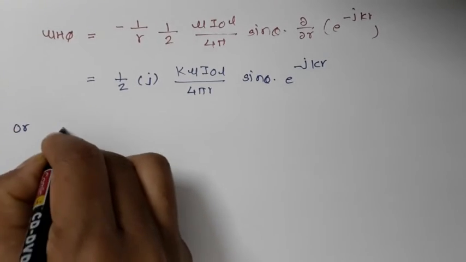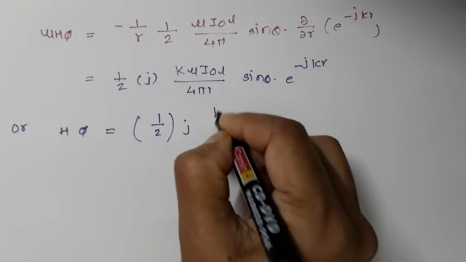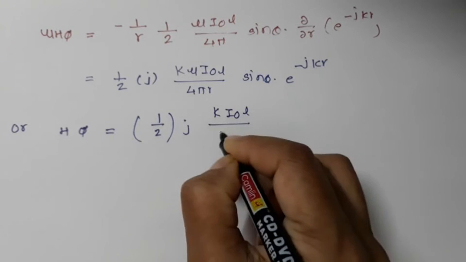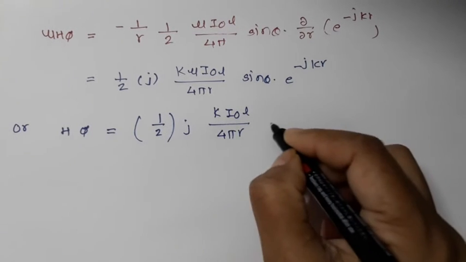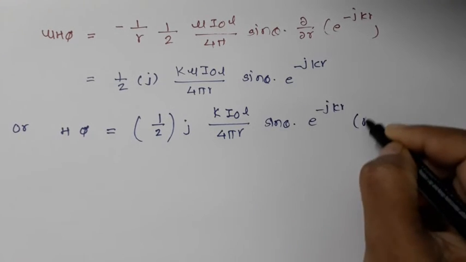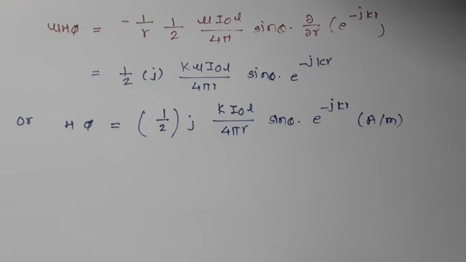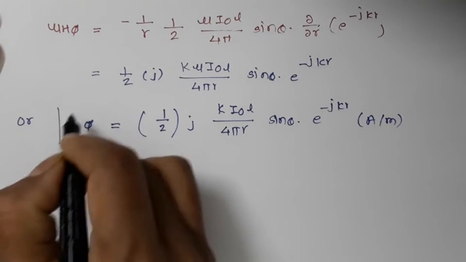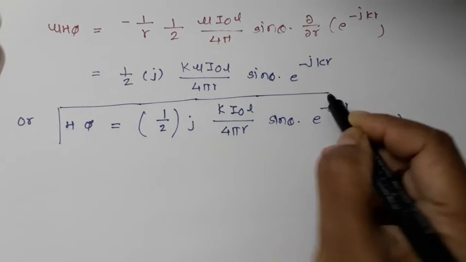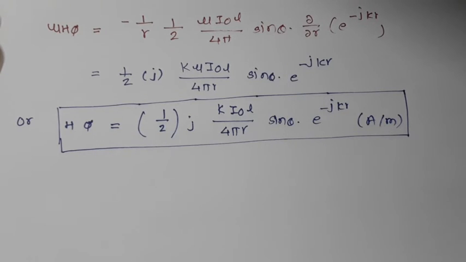Or you can write H phi is equal to 1 by 2, j k I0 L over 4 pi r, sine theta, e raised to minus jkr amperes per meter. So this is nothing but the solution for H phi. This is the required expression for H phi for the small dipole antenna. Now the value is exactly half of the H phi for the infinitesimal dipole in the far field region.